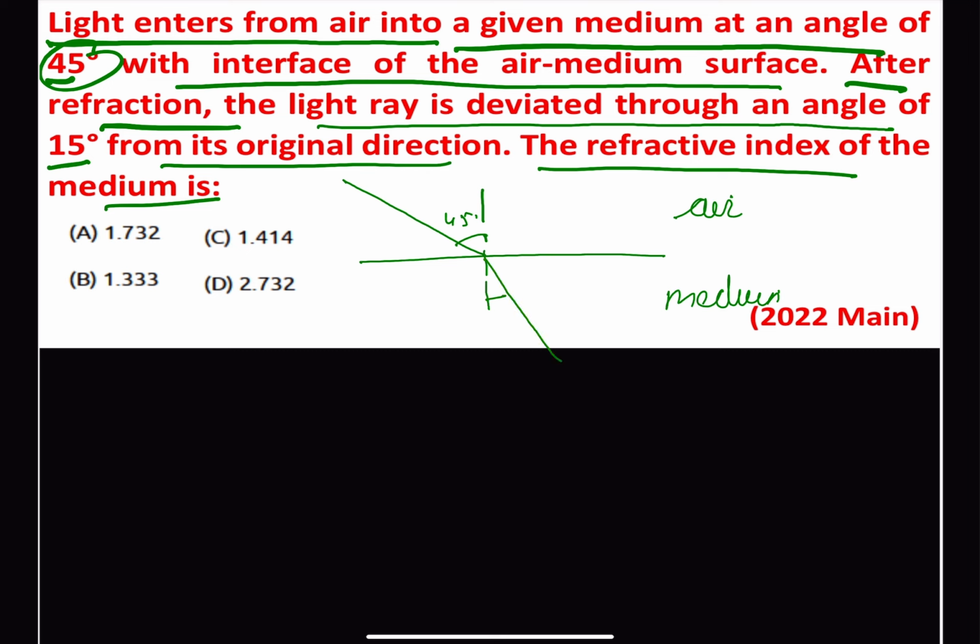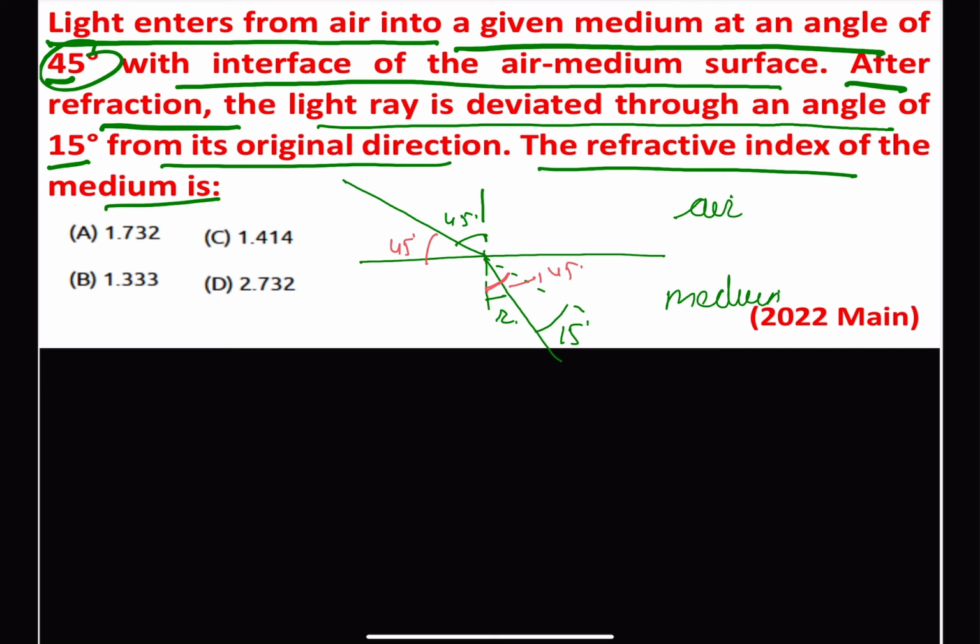Let us suppose this refraction angle is r, and the angle of deviation will be 15. If this is 45, then this angle will also be 45.